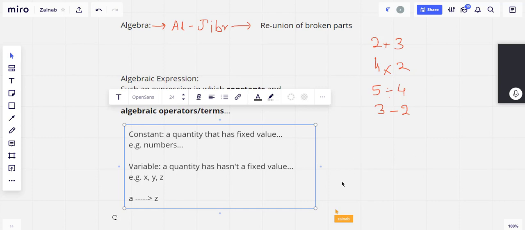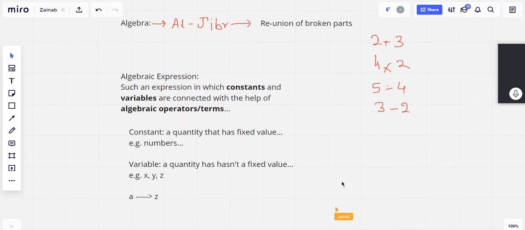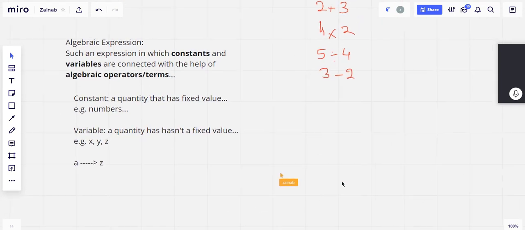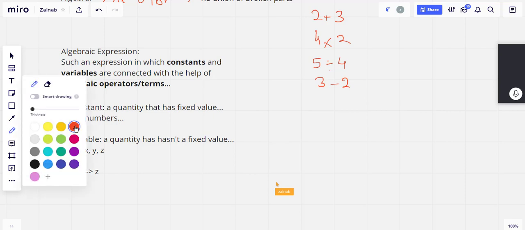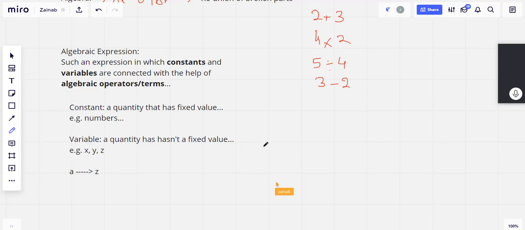We can choose any letter as a variable. To understand the concept more, the word variable is derived from variation, and variation means change. So it's a quantity that changes, which is not fixed.